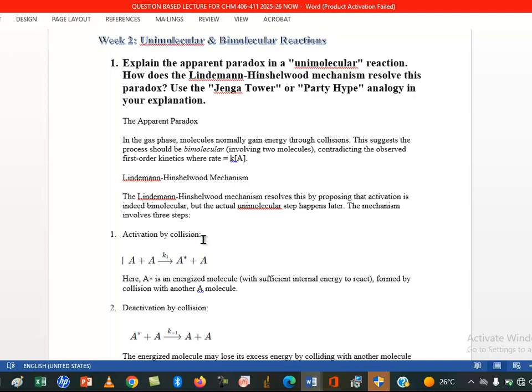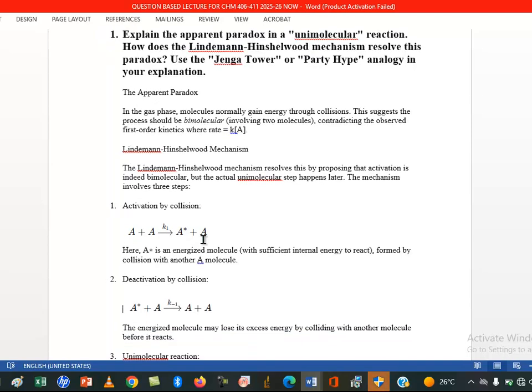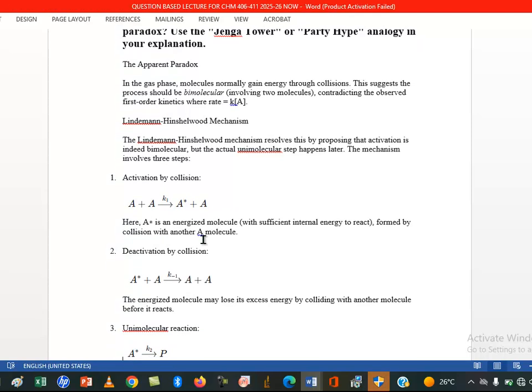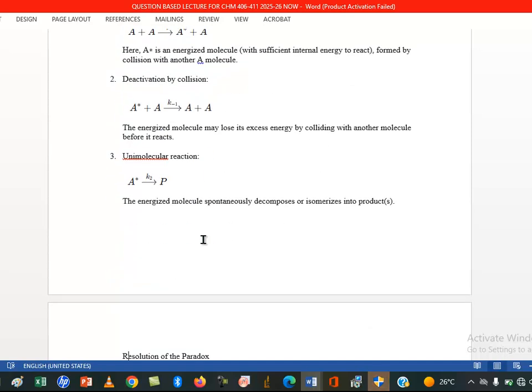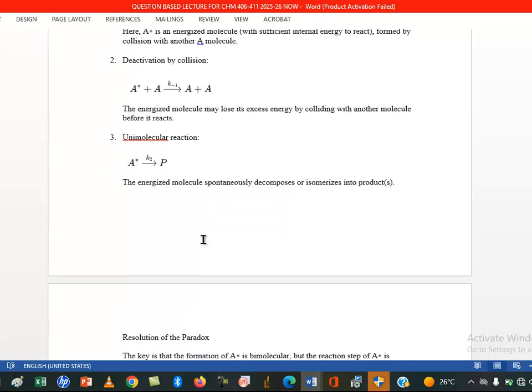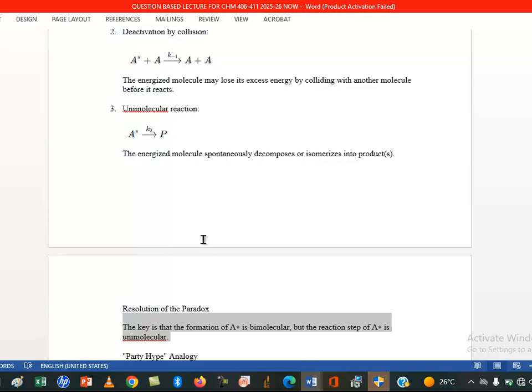The first one is A combining with A to give activated A and non-activated A. Then the next one is the reversible reaction, the deactivation, where activated A combines with A to give A plus A. The third one, which I termed the rate determining step, is activated A giving rise to product. So these are the possibilities that you can get. Once you put down these three equations, all you now need to do is talk about how it is resolved.